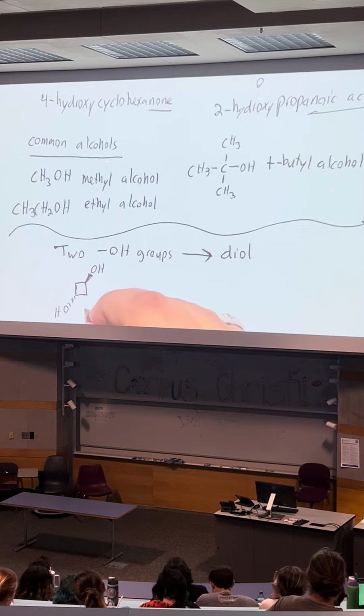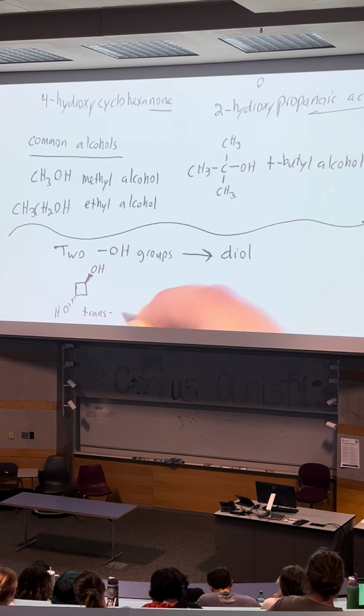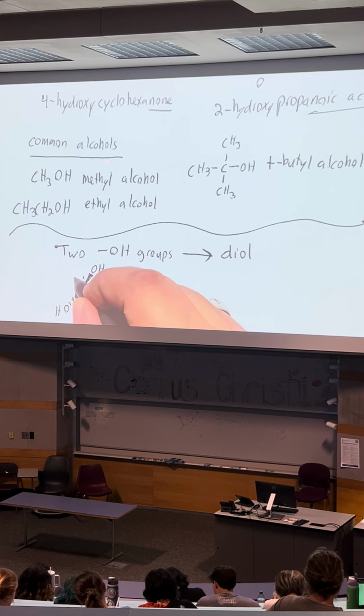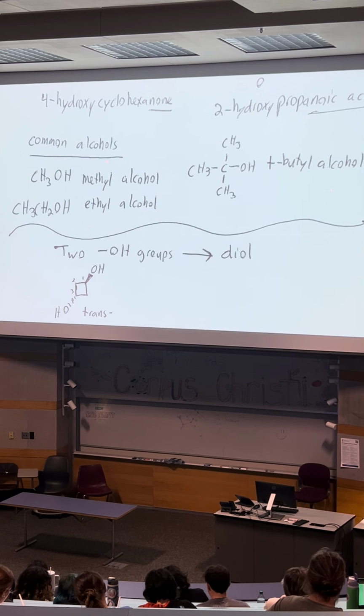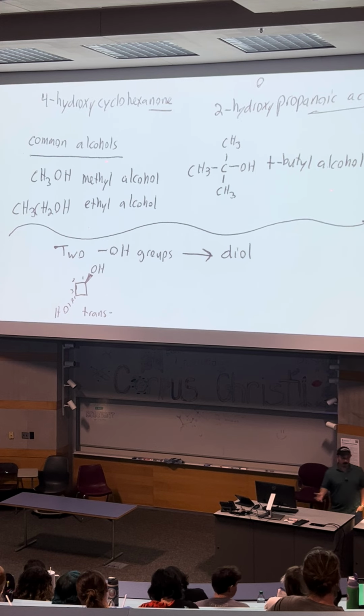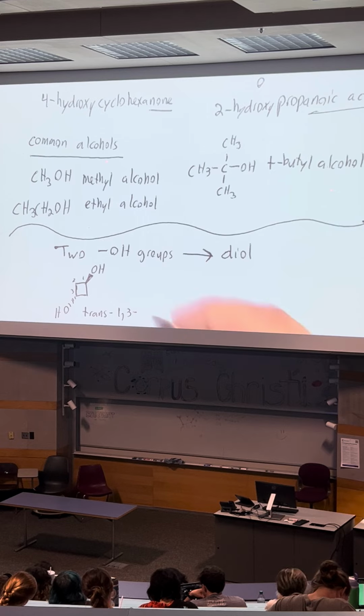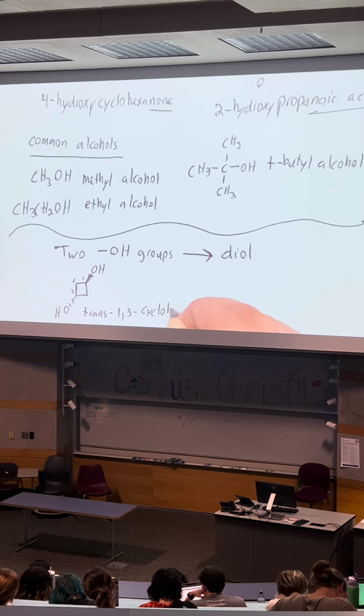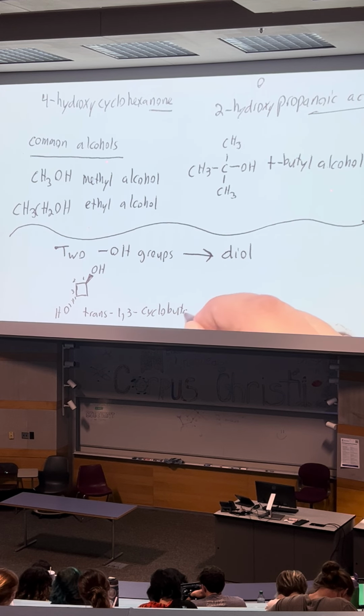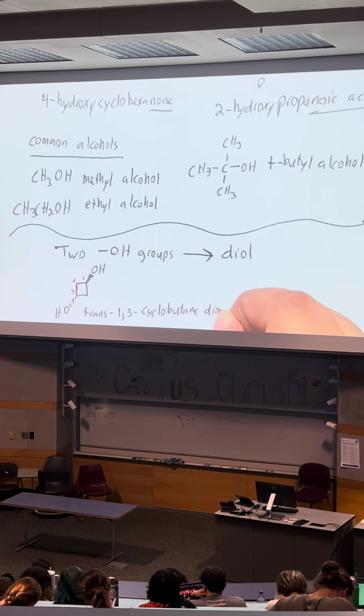So we can start the name of this one by saying it's trans. And then in this case, no matter where you start, from either the one pointing towards us or the one pointing away, it's still going to be a 1,3. So this will be trans-1,3-cyclobutane diol.